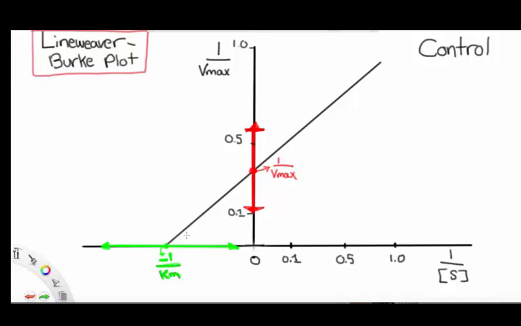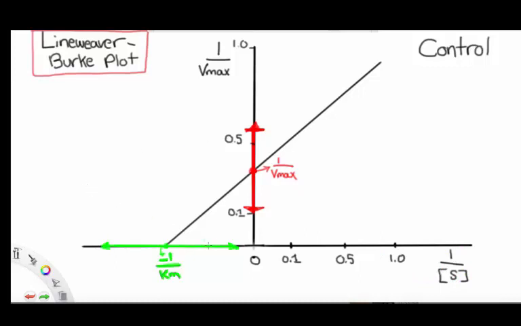What they essentially did is what we call a double reciprocal plot. So they switched things up. Instead of having Vmax on the y-axis, we have 1 over Vmax. Instead of having the concentration of the substrate on the x-axis, we have 1 over the concentration of the substrate.